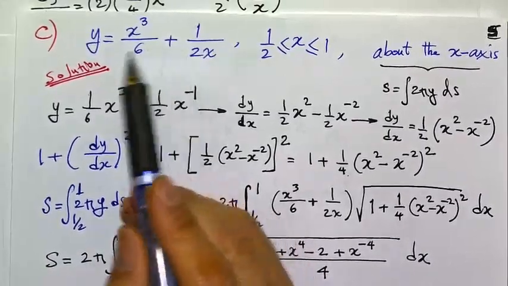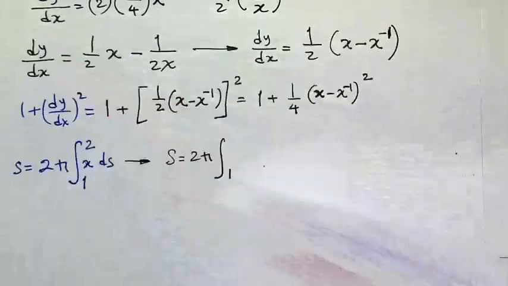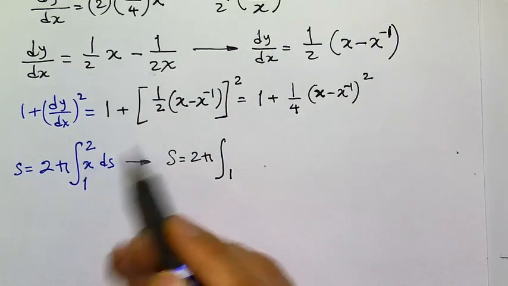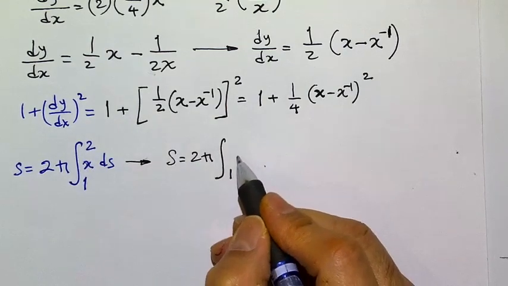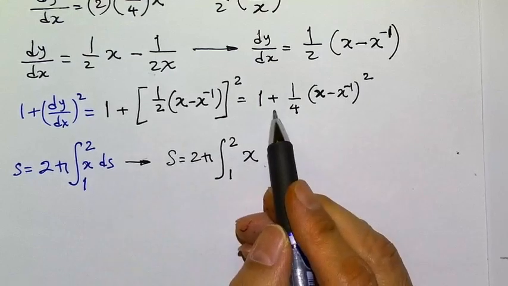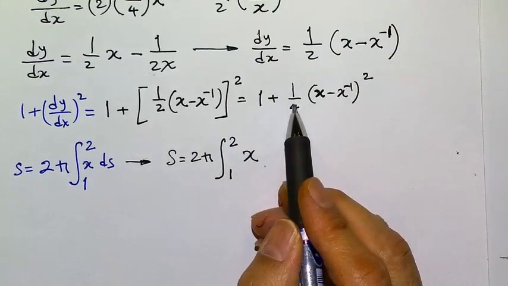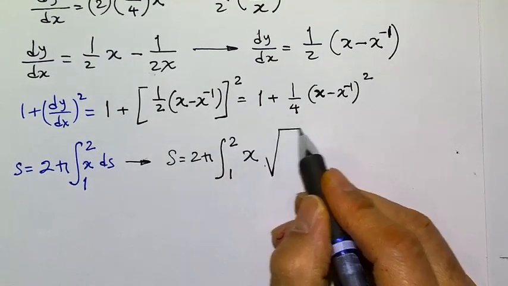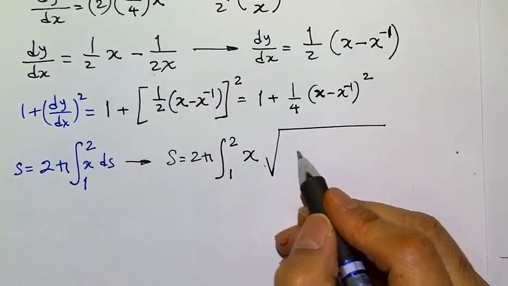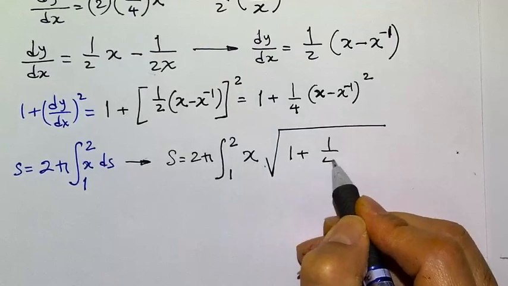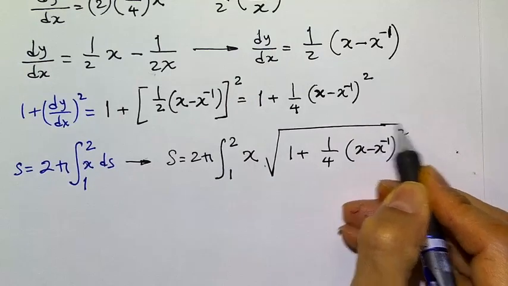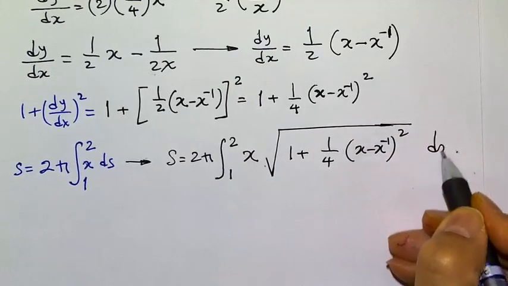Here, we don't have to do such a thing. We just keep x. So x stays as that. And for ds, we multiply by the square root of 1 plus 1 over 4 times (x minus x to the minus 1) squared, of course, dx.